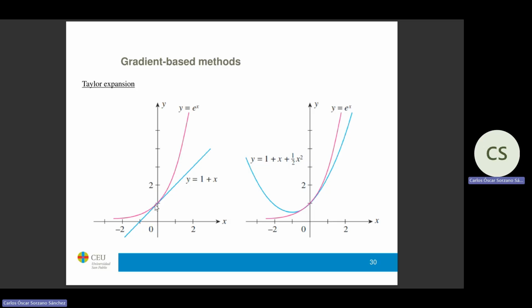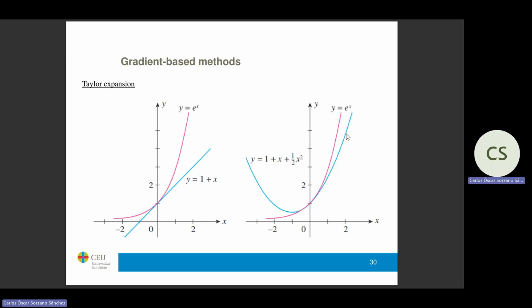So what we are doing is this kind of stuff. Let's say I have done it in one dimension because it is easier to draw. Let's say that we have this function, pink. The first order Taylor approximation is this one. This is the kind of approximation that gradient descent works on.